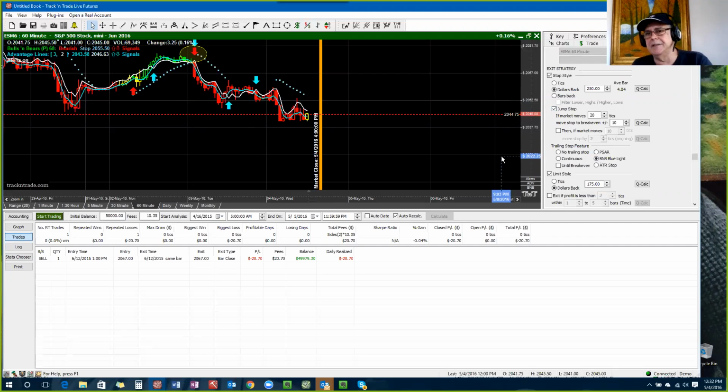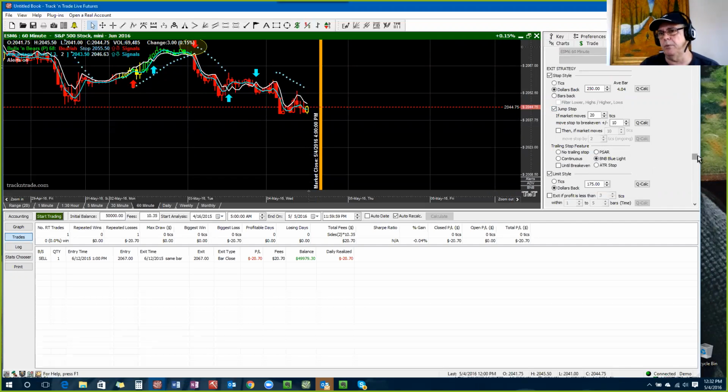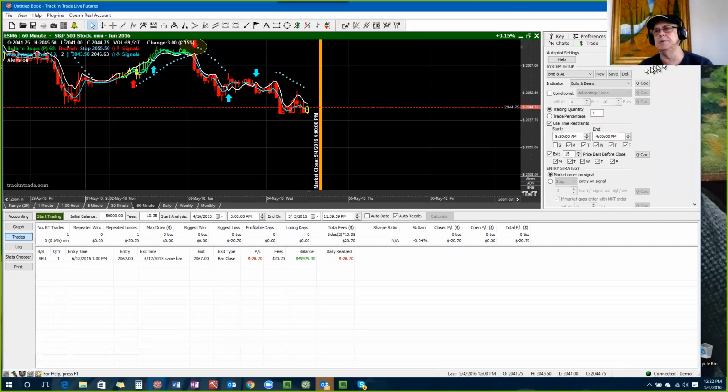So it's set up to let you do a lot of different strategies with it. But whatever you do, don't QCalc from the top and then go over here and say start trading, because it's perfect in hindsight. Right.